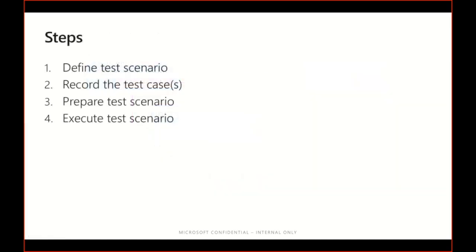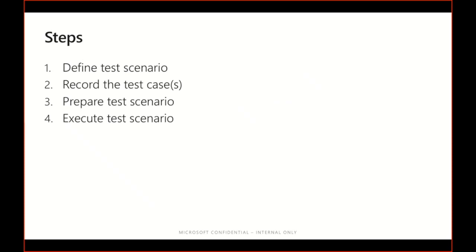For today, I'm going to focus much more on the life cycle of the testing. And basically, I've set it up in 4 steps. I think the first step is you need to define your test scenario. Once you have a defined test scenario, it might be broken into different test cases.